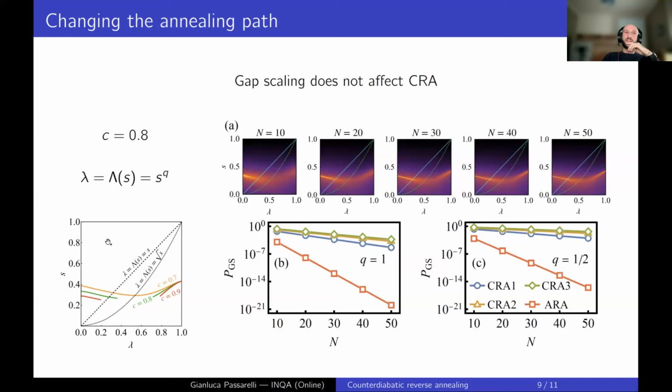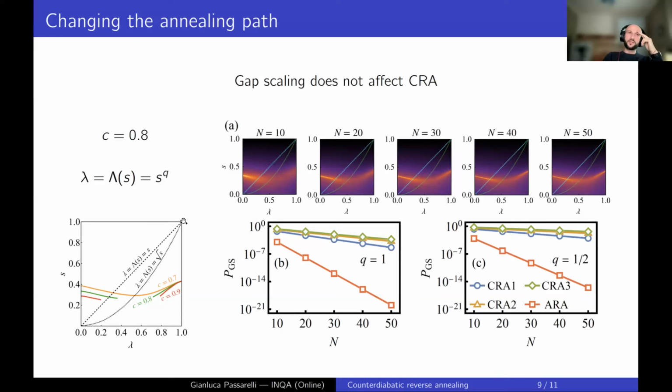Because from this phase diagram, you should see that C0.8 is quite a borderline case, because you see that the first order critical line is split in the middle, but if you consider a linear annealing schedule like this, this schedule will still cross the first order phase transition. And so you should see an exponential scaling of the gap with the system size.